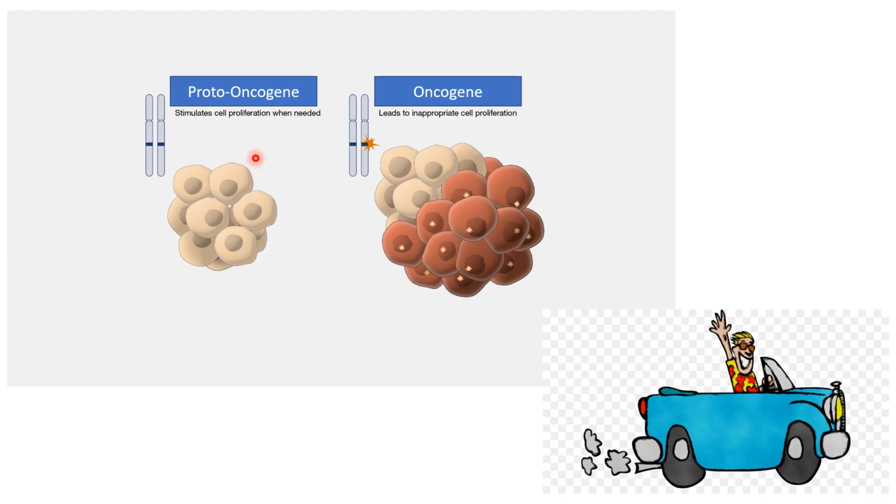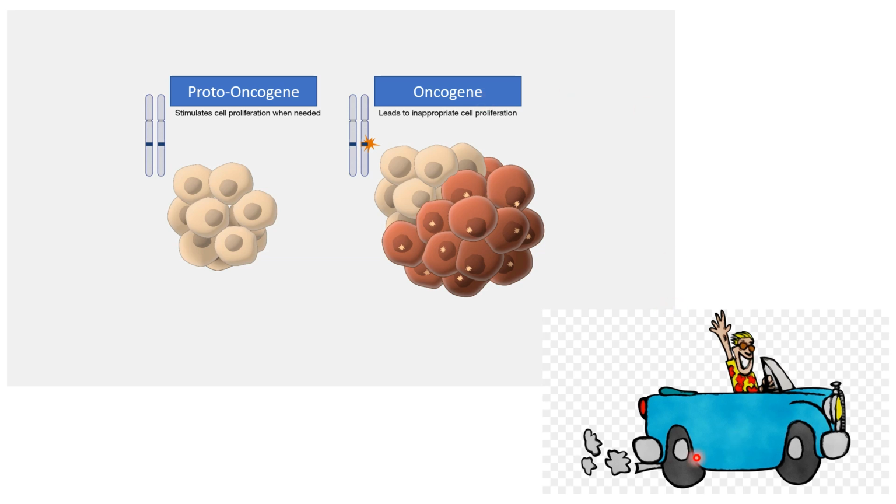So when this proto-oncogene mutates, the mutation causes it to be always stimulated, always switched on, and we call this an oncogene. When that mutation has occurred and the proto-oncogene is doing too much, non-stop, making lots of growth factors, causing increased cell division, we call this an oncogene.